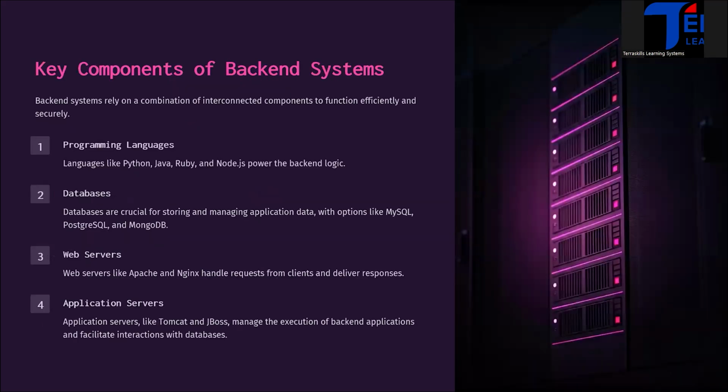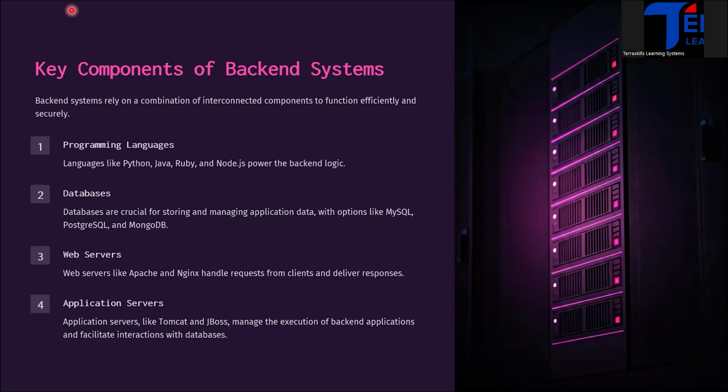So let's go further. What are the key components of a backend system? The first one is programming languages. For programming languages, we have Python, and in this course we are going to be focusing more on Python and how it will enable us to achieve excellent results for our backend development.